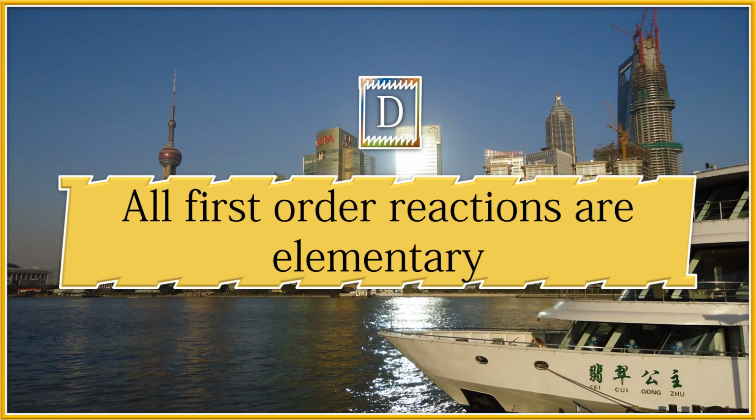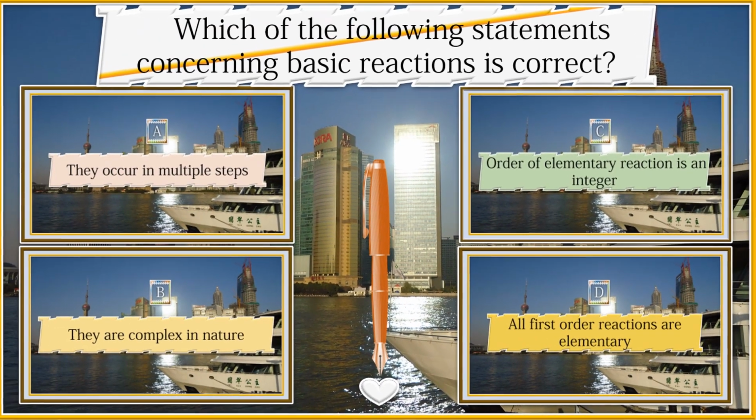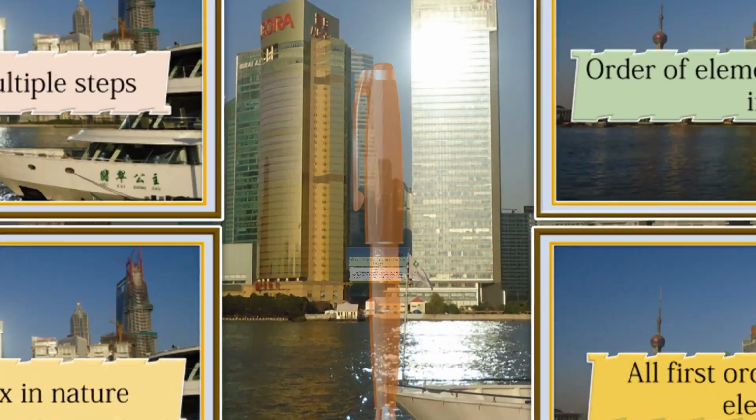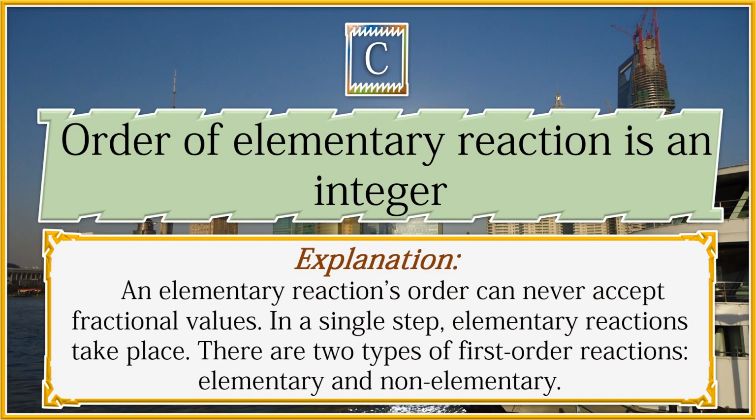All first order reactions are elementary. The answer is order of elementary reaction is an integer. An elementary reaction's order can never accept fractional values. In a single step, elementary reactions take place. There are two types of first order reactions: elementary and non-elementary.